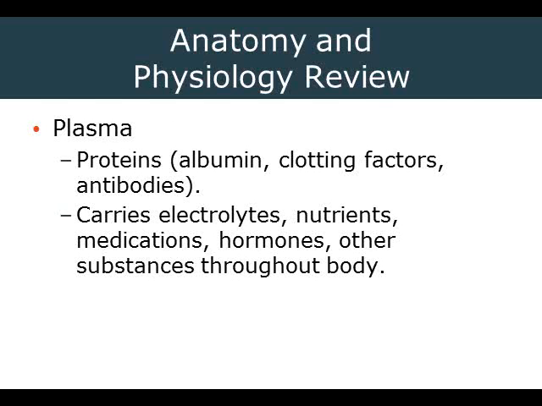The plasma, in turn, is protein-based. This is a colloid solution. So if we go way back to when we were talking about meds and isotonic crystalloids, the part of this that was called colloidal solutions, plasma is the ultimate colloid because it does carry the red cells as well as the remaining formed elements of the blood.